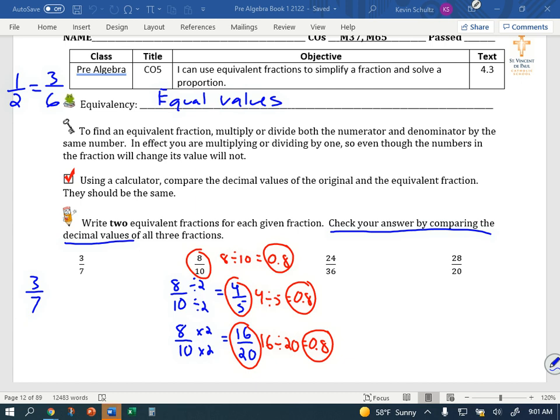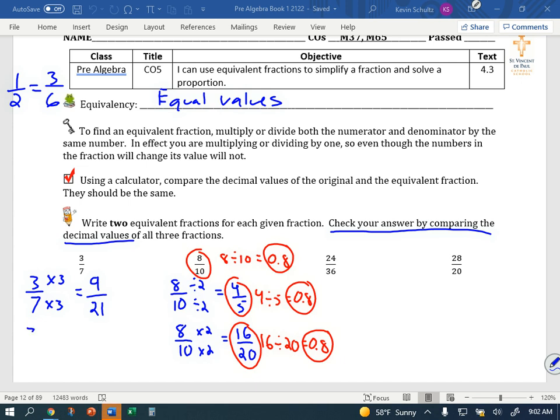It's already in simplest form, so we're kind of locked into multiplying here. So what do you want to multiply by? Great. Multiply by 3. And as long as we do it to both the numerator and the denominator, we will be okay. That gives us 9/21 as an equivalent fraction.